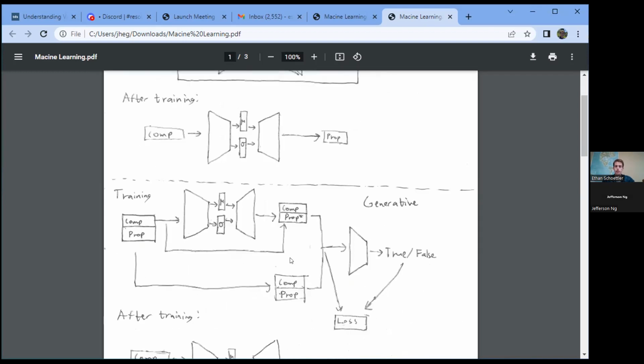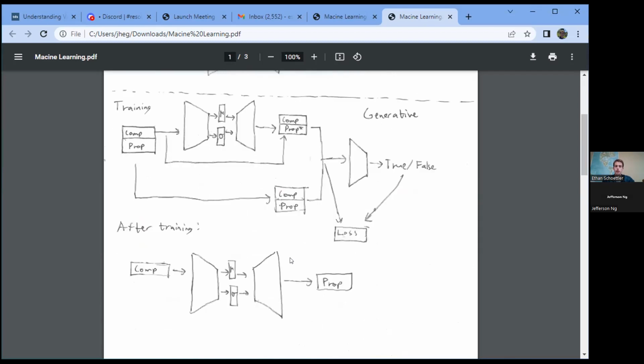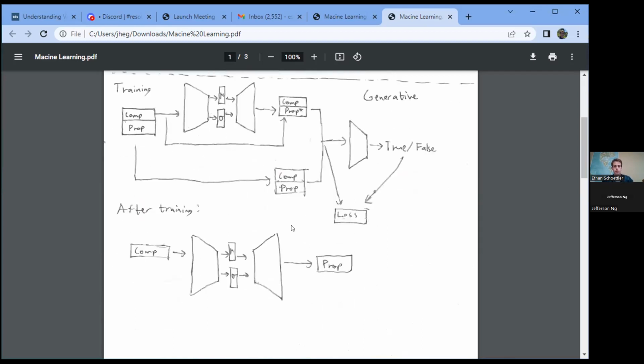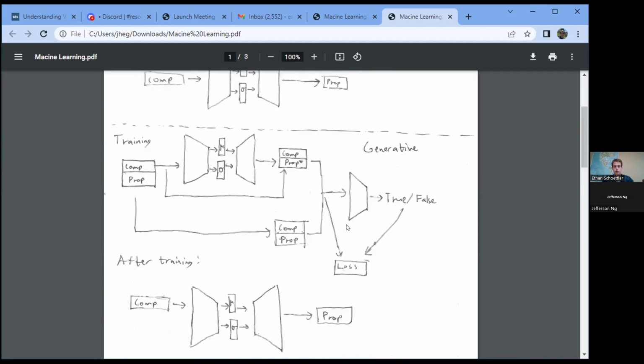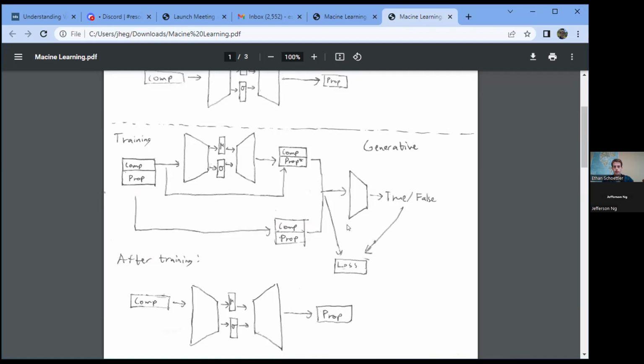Another way to train it, I was thinking of using the whole generative adversarial network process, where instead of using the regular loss function you use for variational autoencoders, I would use the entropy loss function. I'll explain this in the next slide. I try to get it to predict material properties, and then I'd also have a discriminator that would try to see if my predictions are real data, and the goal would be to trick it so that it can't tell the difference between the predictions and the real data.